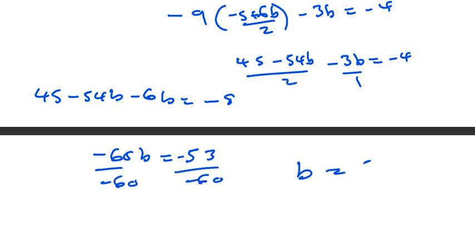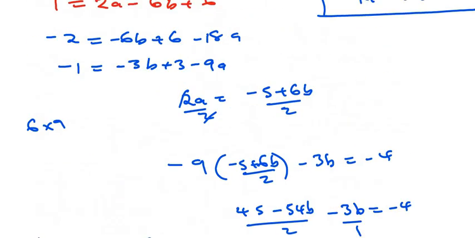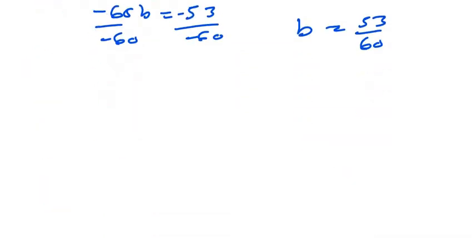So b is just 53 over 60. Then we use it to get our a, because remember we said a is equal to negative 5 plus 6b over 2. We just replace the 53 over 60 there, then we solve it. Yeah, so that's how we're going to get it.